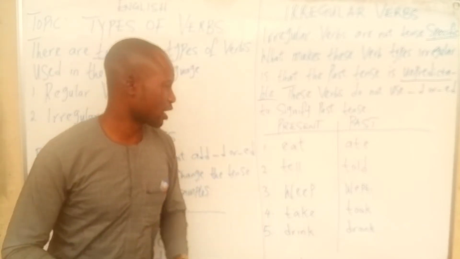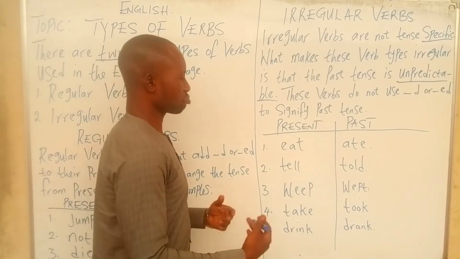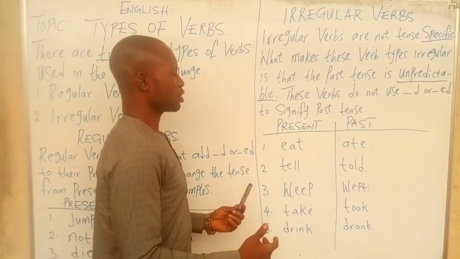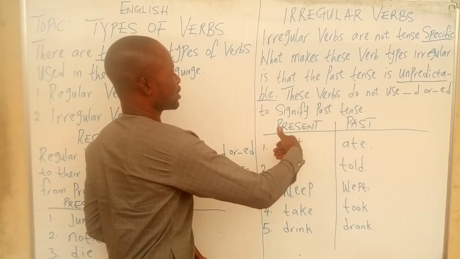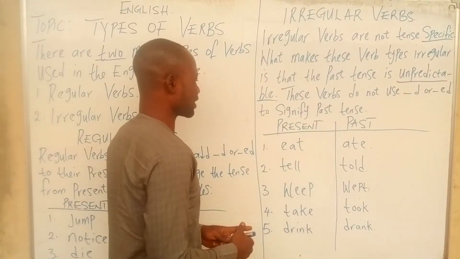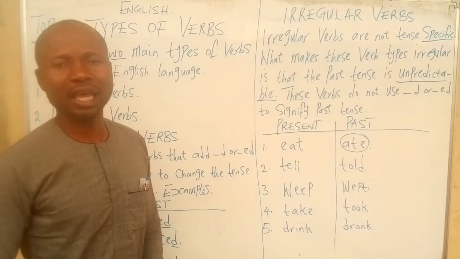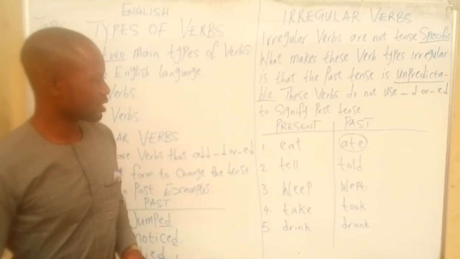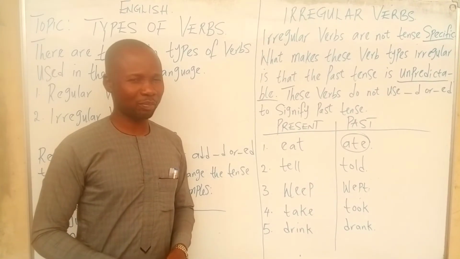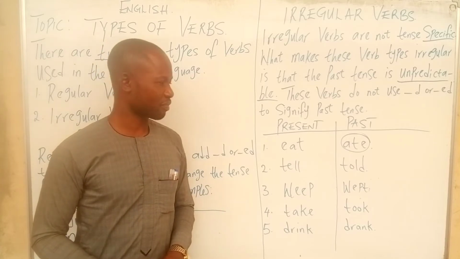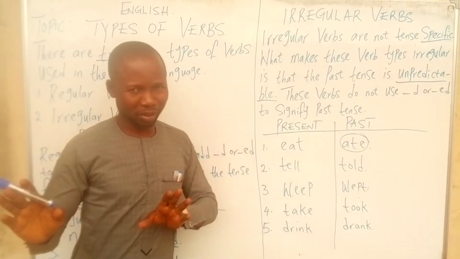Now, we have eat. Eat, you see how it changed the letter, maybe the first one. So you can see the wonderful thing it did. It changed to ate. I eat, I ate. Then eating, past perfect.